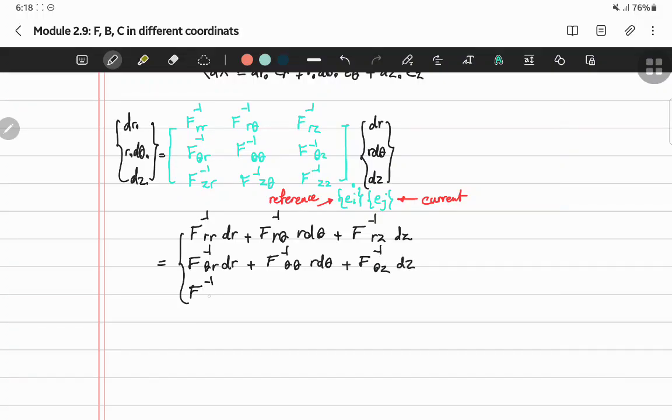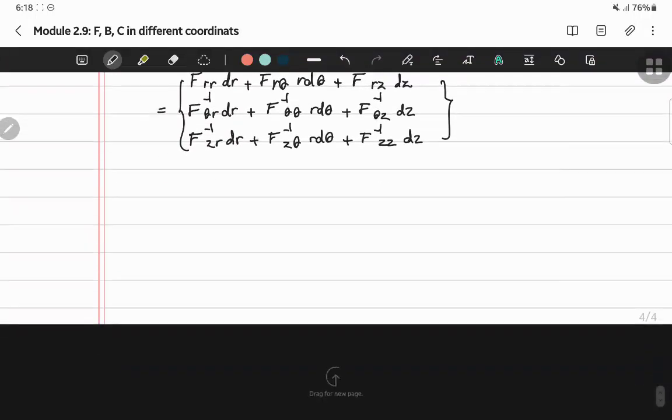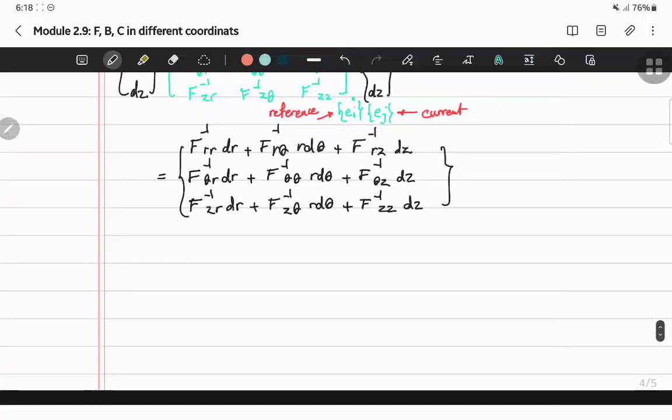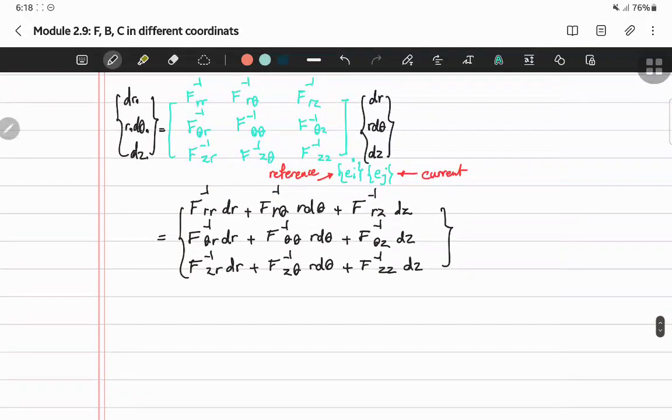F inverse ZR dr plus F inverse Z theta r d theta plus F inverse ZZ dz. It is a good idea to mention again that here we're dealing with EI0, and then we have EJ. So the first one is in the reference configuration and this one is in the current configuration. So dr0 is equal to the first row, r0 d theta 0 is equal to the second row, and dz0 is equal to the third row.